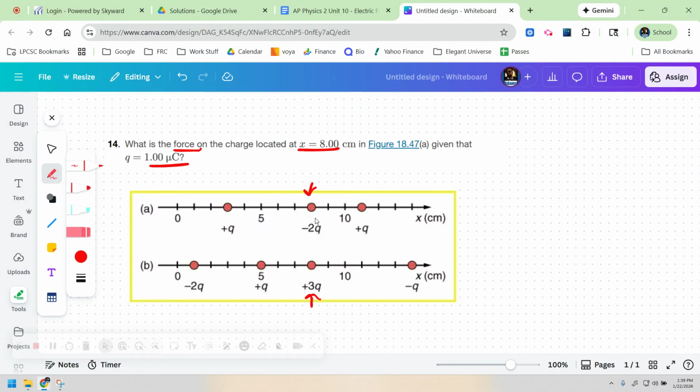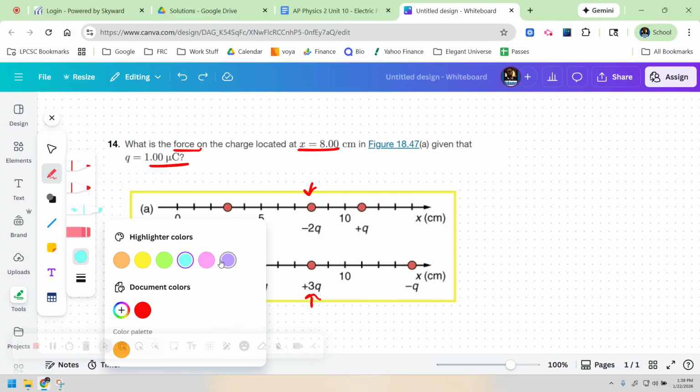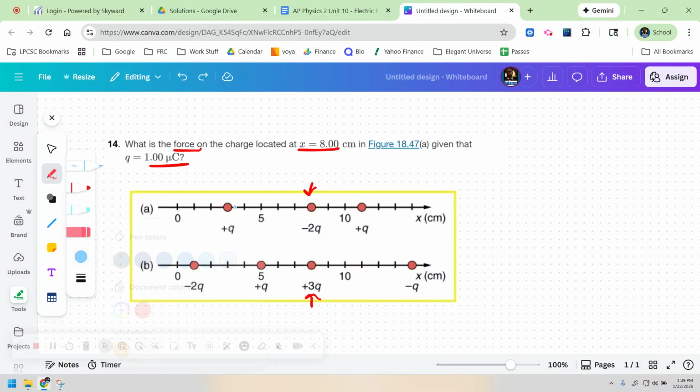So this is 8. Well, keep in mind that there's a force, because this is positive and because this is negative, there's an attractive force. So this will want to go in this direction, and then this will want to go in this direction.